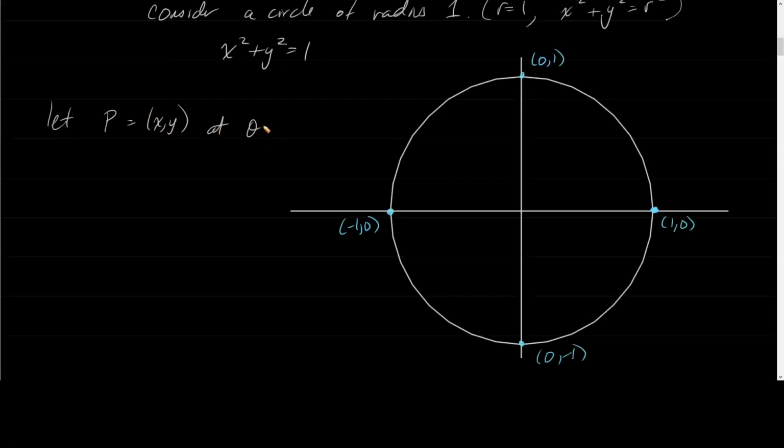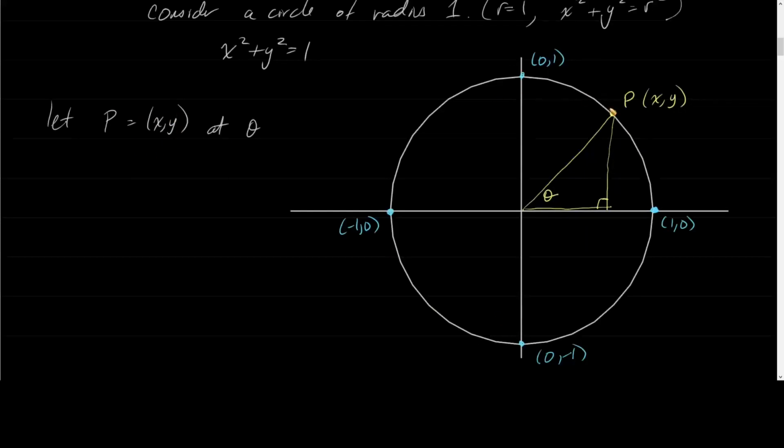What that's going to do is give us a point here somewhere, our point P, whose coordinate is (x, y). And this is going to create a triangle here, where this right here is our angle theta. So at angle theta, we've got the point P at (x, y) right on the circle itself.